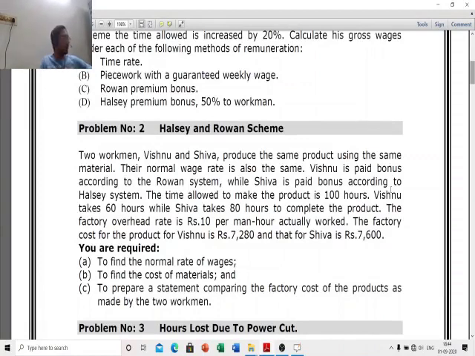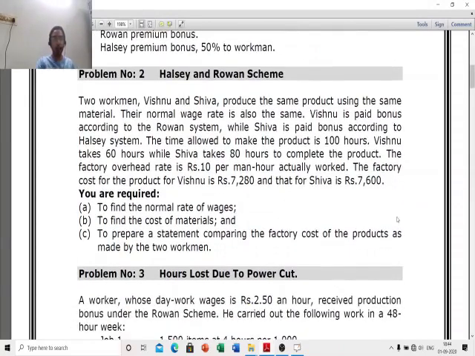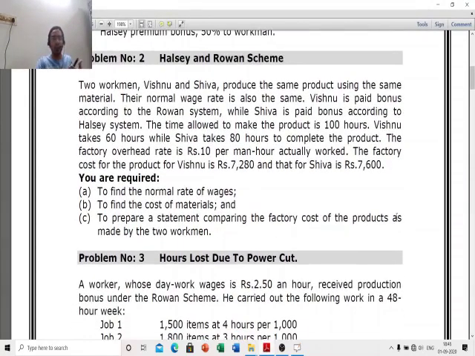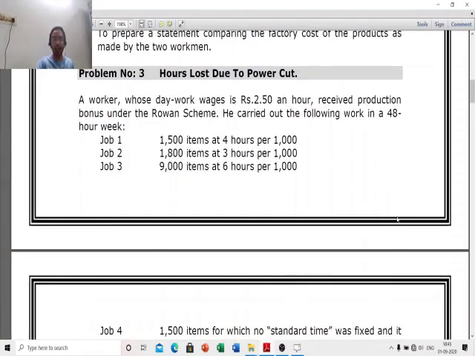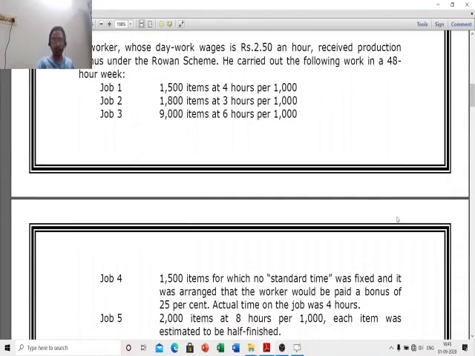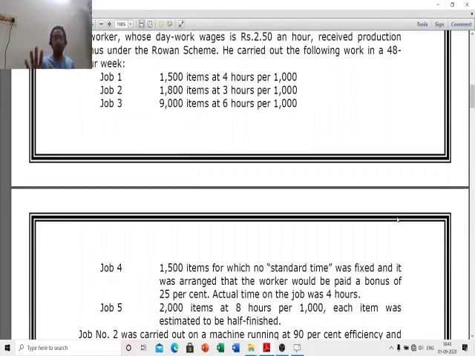So that is how I will approach problem number 2. So we have looked at problem number 1, we have looked at problem number 2. By now you should have a reasonable grip on how to answer a Halsey or a Rowan type of question. That is absolutely very, very important.